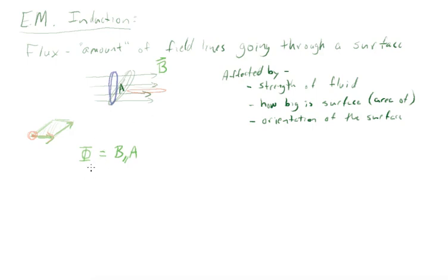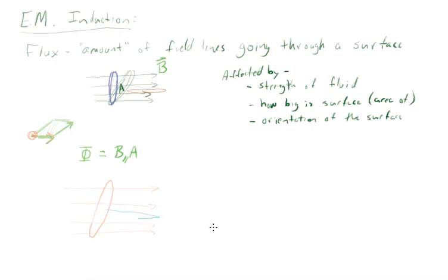So if we say this is the field, right? This is our field. When we have our loop in here, here's our loop, the area of it is actually going to be pointed off like this here, where it's going to go out perpendicular.